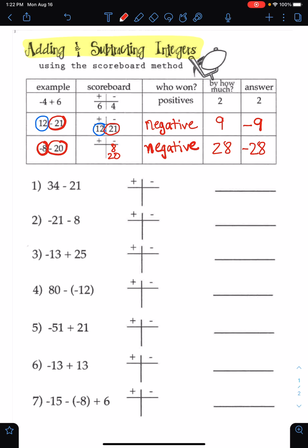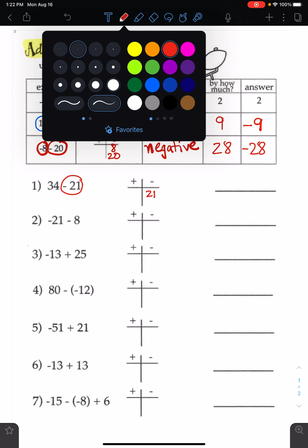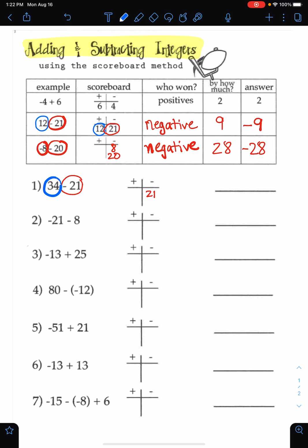So the next problem, example 1 here, we have 21 negatives, so the negative team gets 21 points. And then we have 34 positives, so the positive team gets 34 points, which means the positive team is going to win by 13. So the answer is going to be +13, because you can also think of it this way.